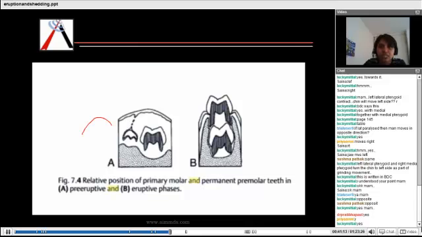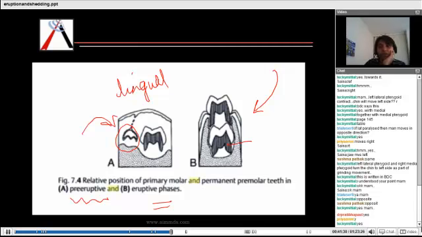Now look at these positions. In the pre-eruptive phase, the permanent premolars are positioned lingual to the deciduous molars. But in the eruptive phase, the permanent premolar comes below the deciduous molars.